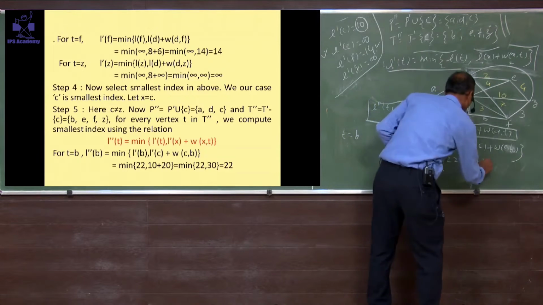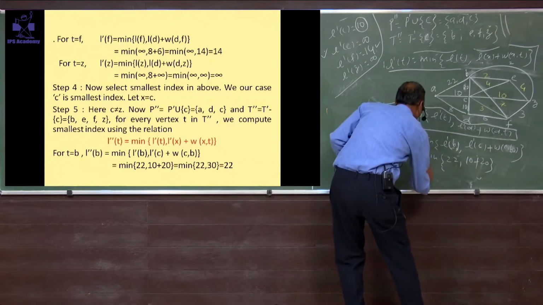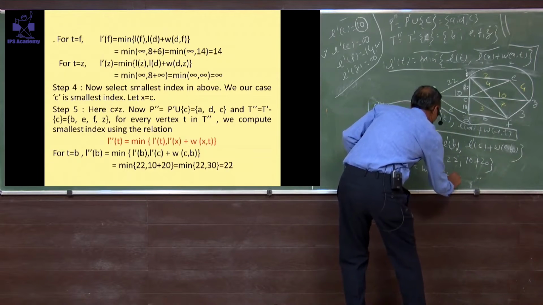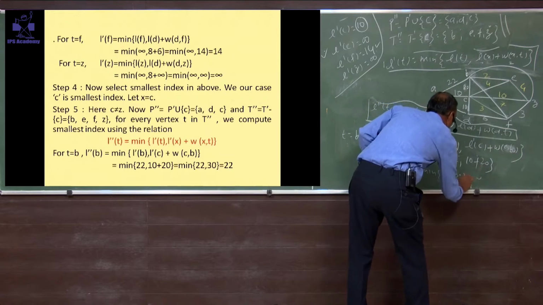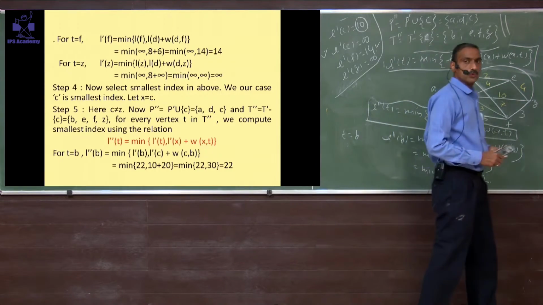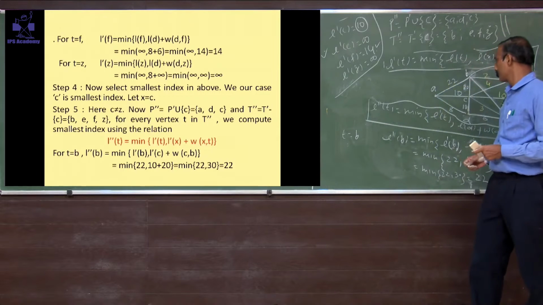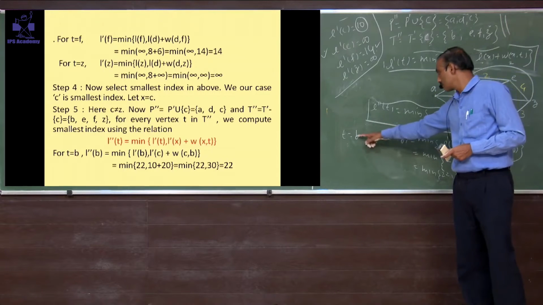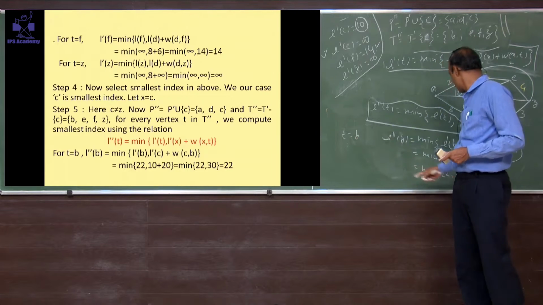So this is 20. So minimum of 22 comma 30 is 22. So index of L double dash B, this is vertex B in the second iteration, is 22.